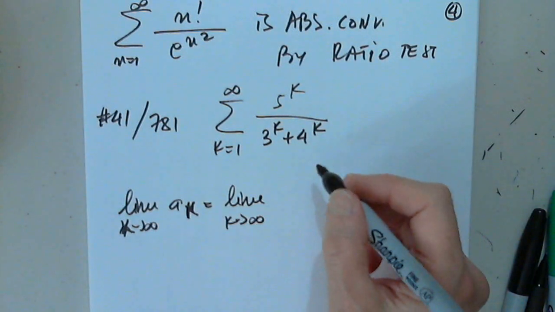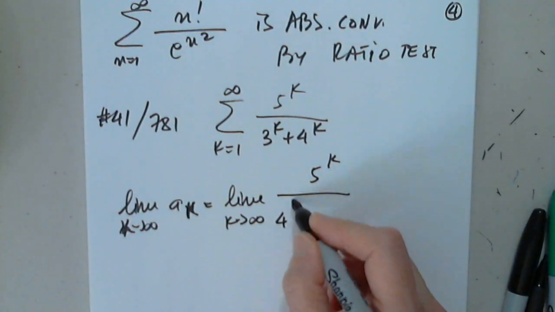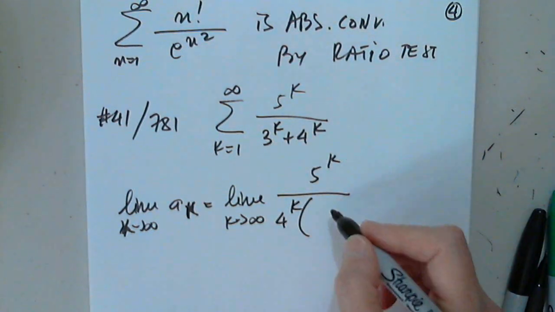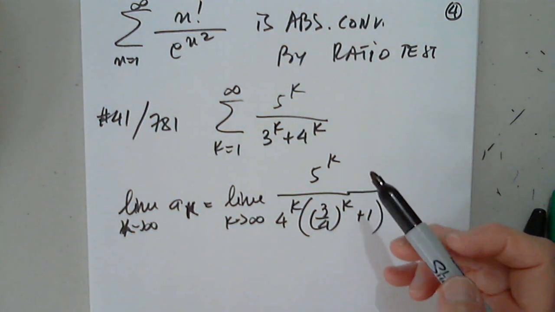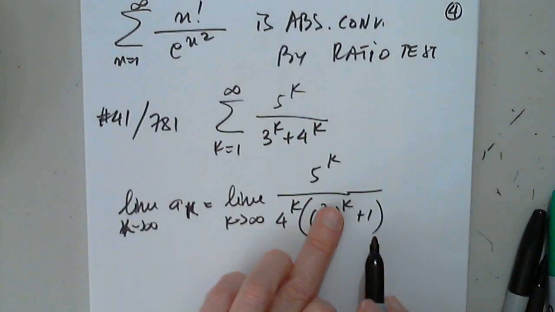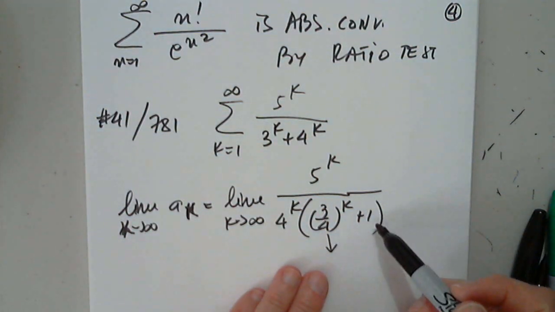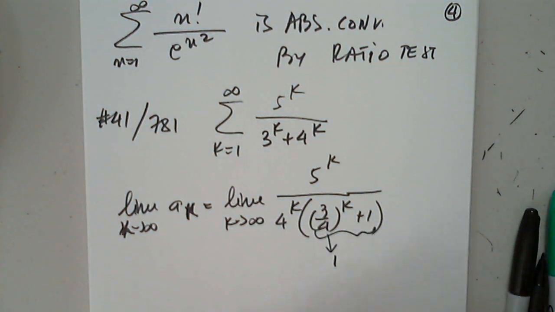If we factor out in the denominator 4 to the k, then we have 3 over 4 to the k plus 1. This at infinity, because the denominator is bigger than the numerator, will approach 0. So this whole thing will be 1.